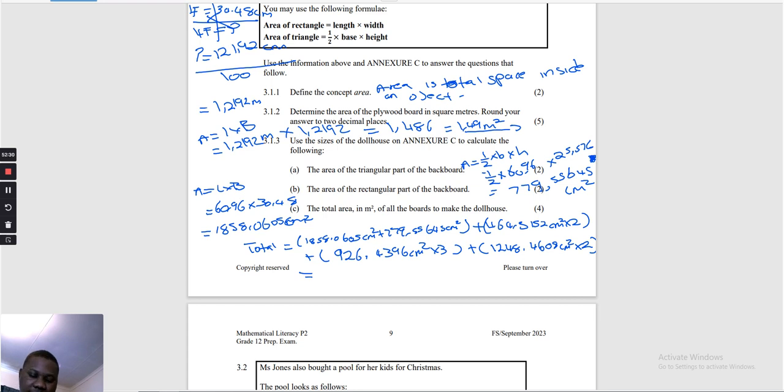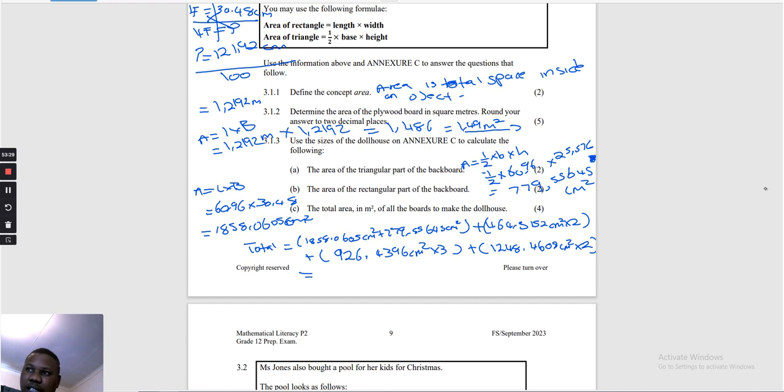So it's going to be 1,858,0605 plus 779,5 close brackets plus open brackets 464,5152 multiplied by 2 close brackets plus open brackets 926,4396 multiplied by 3 close brackets plus open brackets again 1,248,4608 multiplied by 2 close brackets.